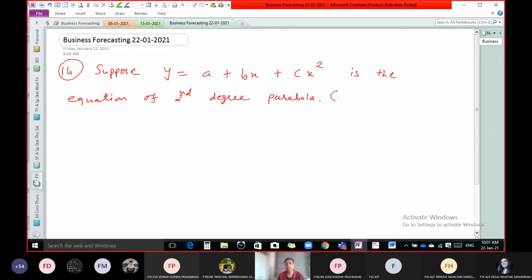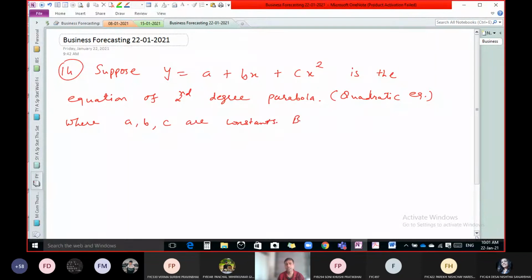This is also known as quadratic equation. So either you can say second degree parabola or quadratic equation, where a, b and c are constants.